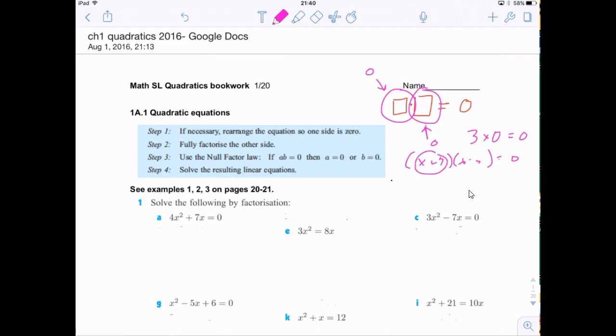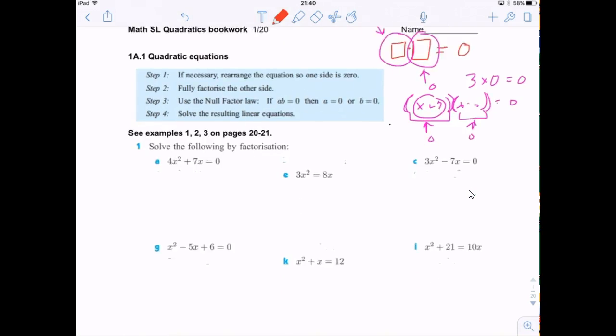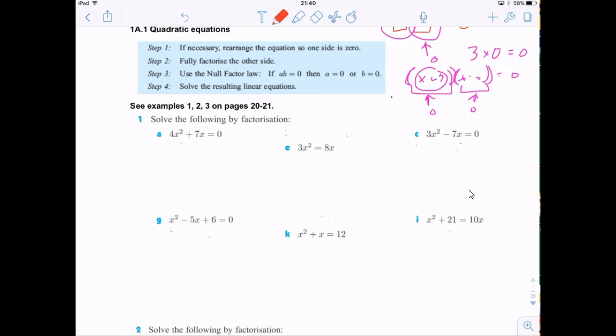You don't know what the number is, but you know it is a number. So once you've got these parentheses, you know that this one number times the other is 0, and then you can figure out that either this has to be 0, or this has to be 0, or they both have to be 0. Alright, so let's try a couple of problems. By the way, that's called the null factor law.